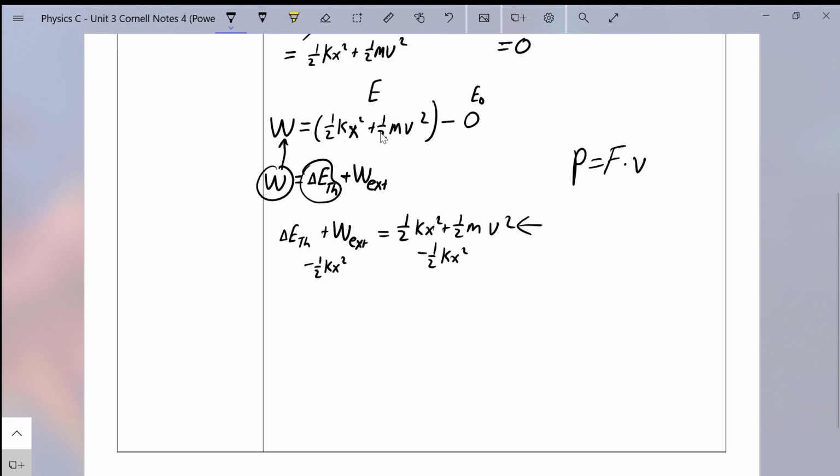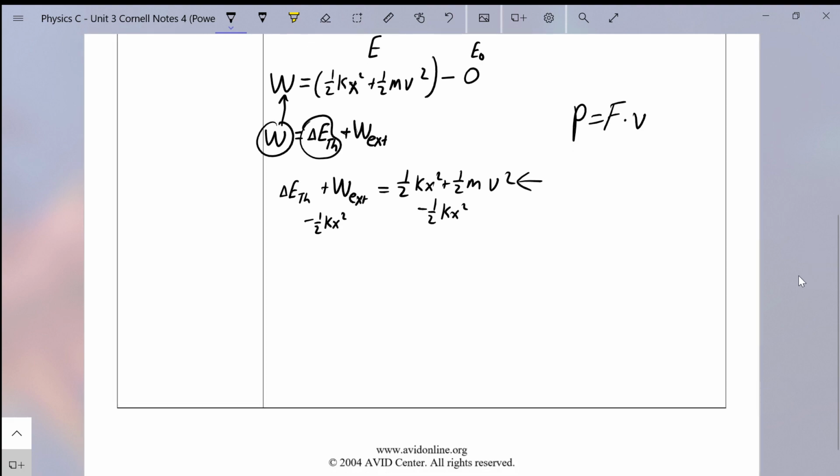The other thing we have is our external work. This will also be positive because it is being done on the system. Now, there is an argument that we will make later about the direction of friction and some other things that will cause our E sub thermal to be a negative value. But we'll see that when it gets here.